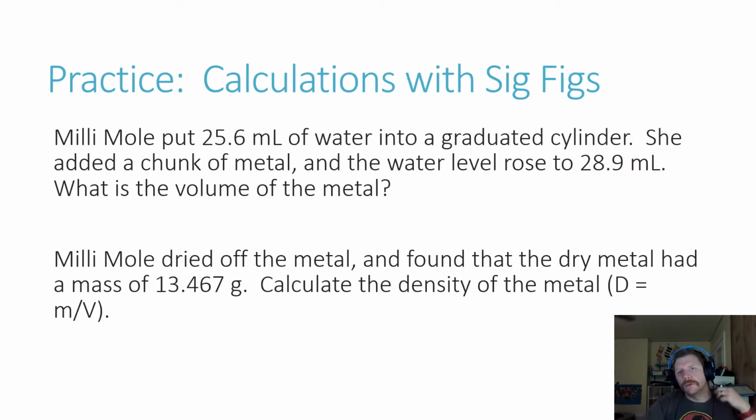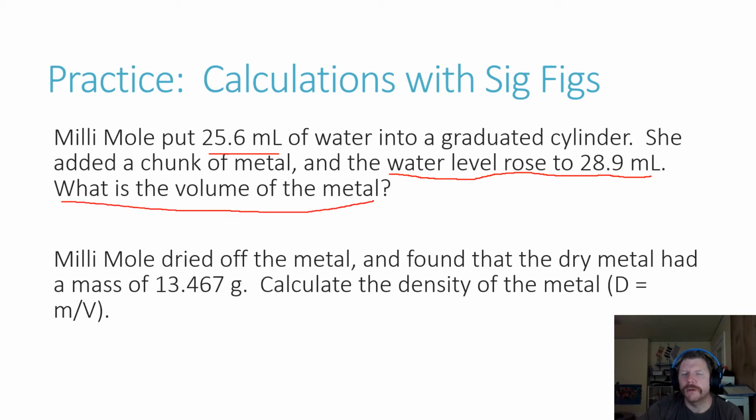Again, practice makes perfect, or at least practice results in improvement. Millie Mole put 25.6 milliliters of water into a graduated cylinder. She added a chunk of metal. The water level rose to 28.9 milliliters. What is the volume of this metal?